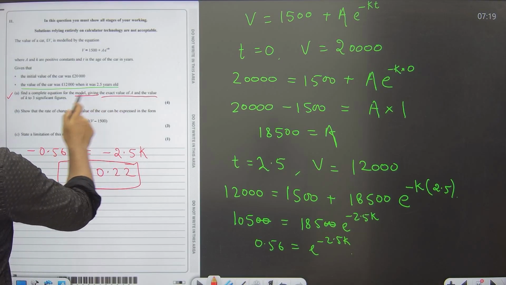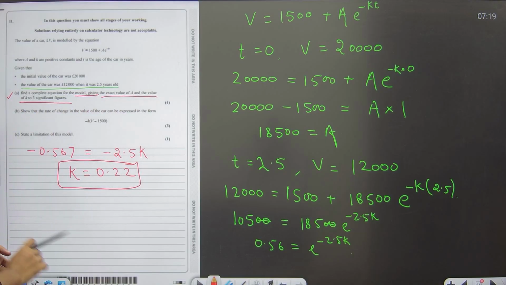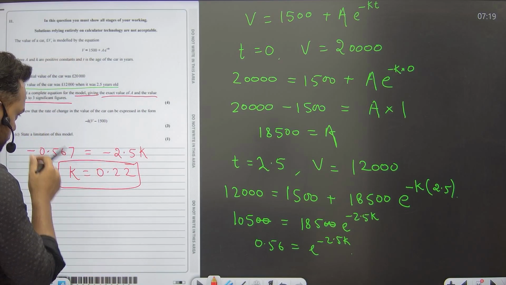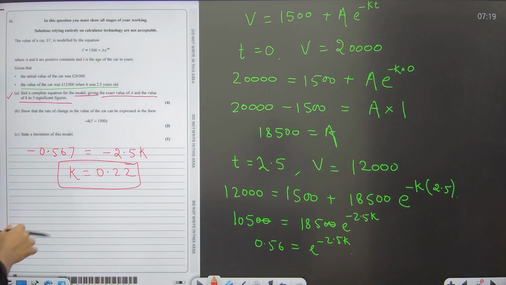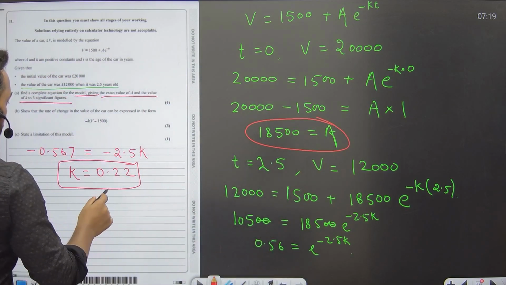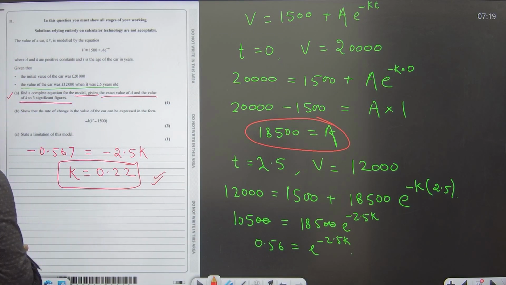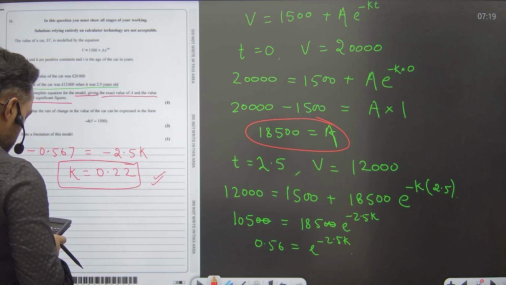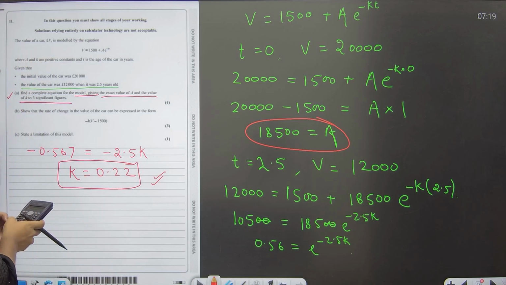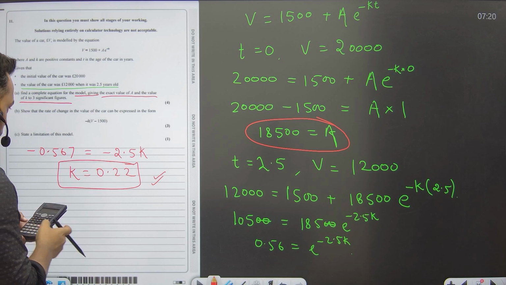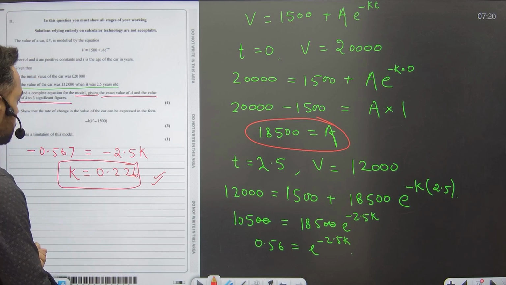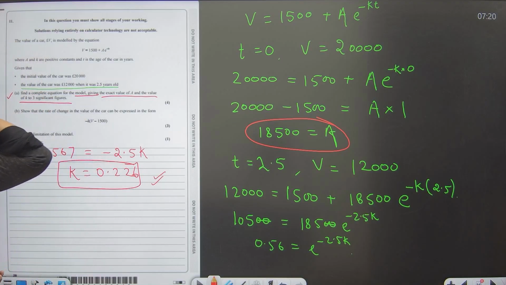Exact value of a and the value of k to three significant figures. So 0.22. The exact value of a we have got is 18,500. The exact value of k we have got is 0.22. They have asked for three significant figures, so I will do it again. So you'll get 0.226. So this is three significant figures, students.